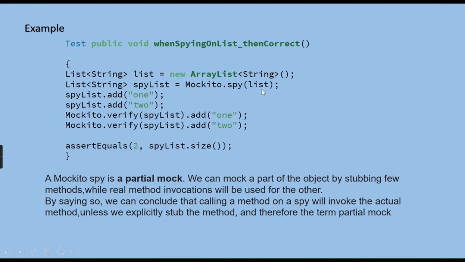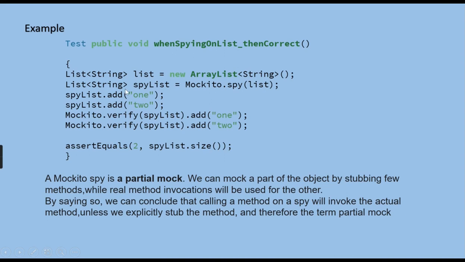That means this spy is acting like this instance, and you are calling spyList.add. Normally we would use list.add as per the collections framework, but here we use spyList.add, because spyList is the instance from Mockito.spy, because we are spying. The actual instance is this one, but it is a spied version of it.